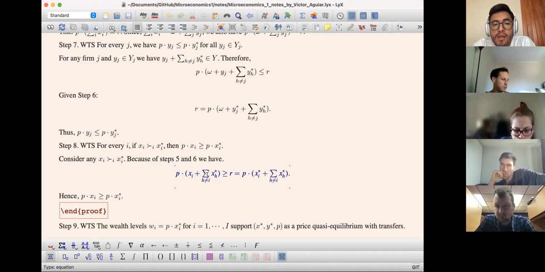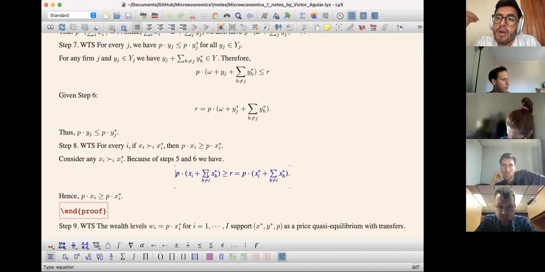Now, by definition of the separating hyperplane, this element, when multiplied by prices, is greater than or equal to R. As opposed to this, if I collect all the xi stars, because this is in the Pareto allocation, then p times xi star plus the summation of the x star h has to be equal to R exactly.